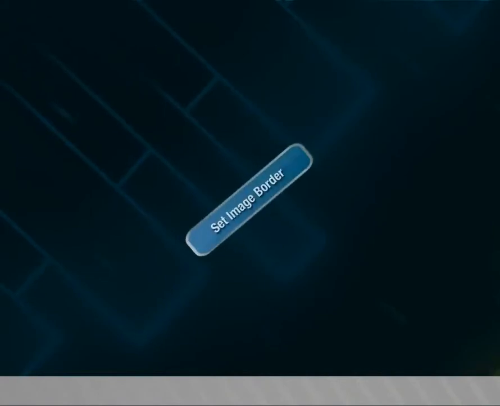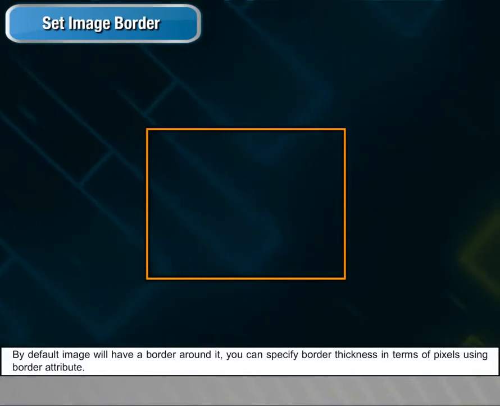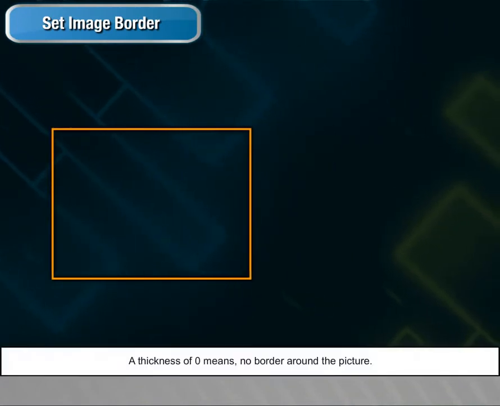Set image border. By default, image will have a border around it. You can specify border thickness in terms of pixels using the border attribute. A thickness of 0 means no border around the picture.